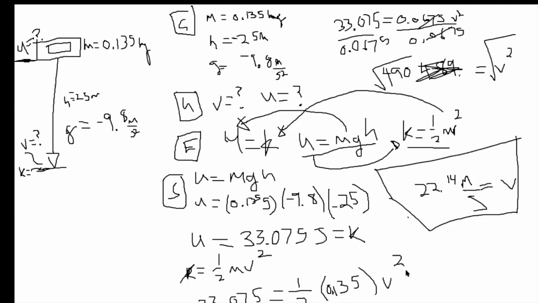So you have to be really careful when you see these types of problems, because they will give you all the givens look like potential energy, but they're asking for an answer that only can come from kinetic energy. And that causes lots of confusion, okay? So you have to realize that potential energy and kinetic energy, as long as we're talking about the maximum potential, maximum kinetic energy, are equal to each other.